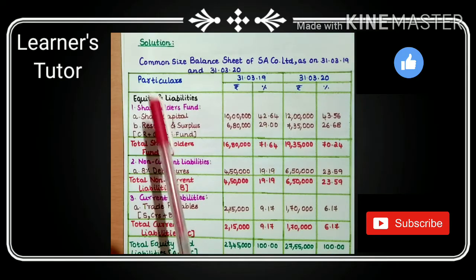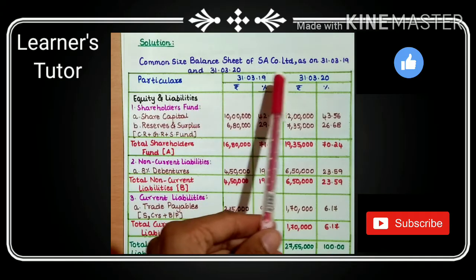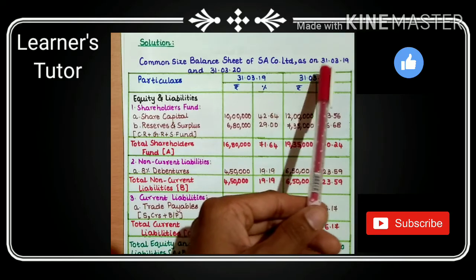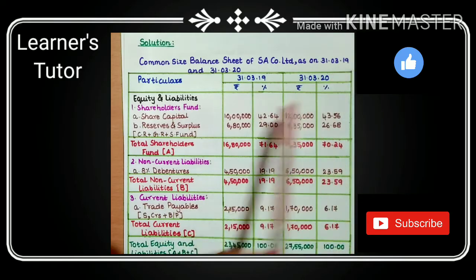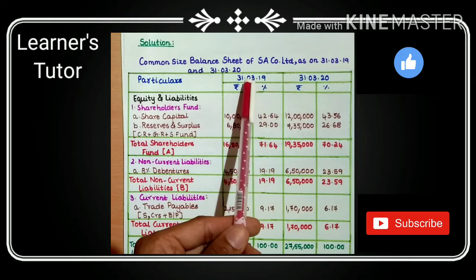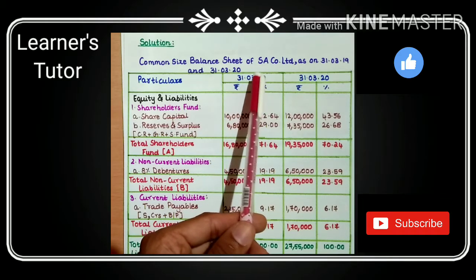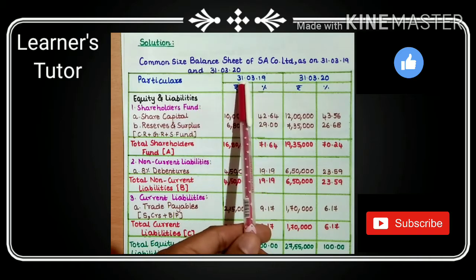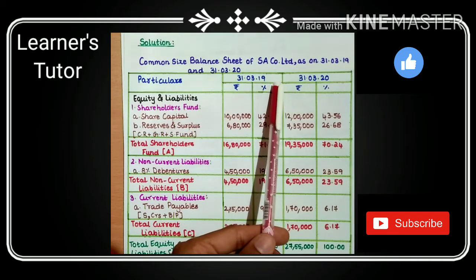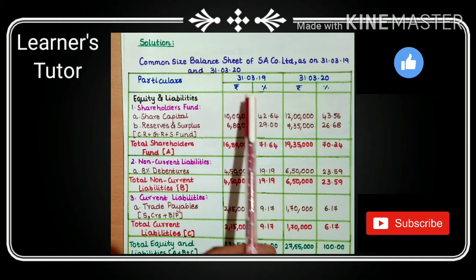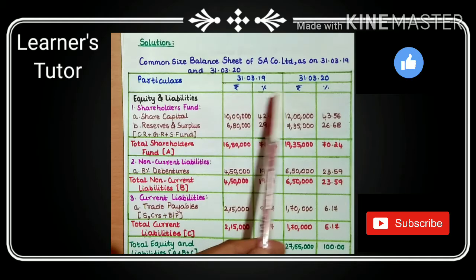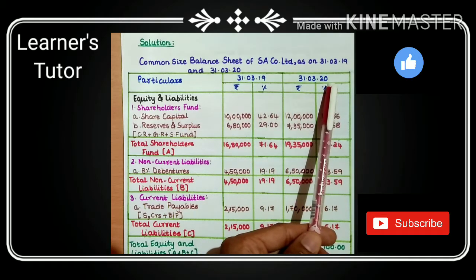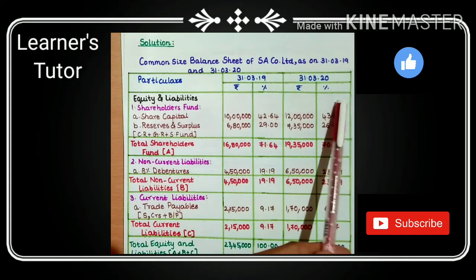Solution: common size balance sheet of SA Company Limited as on 31/3/2019 and 31/3/2020. You have to write this statement. It's compulsory. It carries 1 mark. Particulars: this is 31/3/2019, the previous year. Under that we have 2 columns, rupees and percentage. 31/3/2020 is the present year, rupees and percentage.